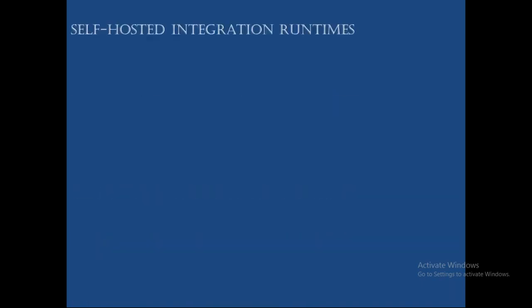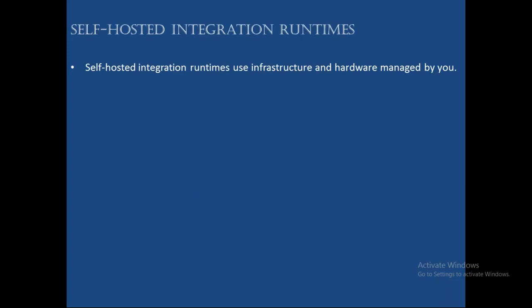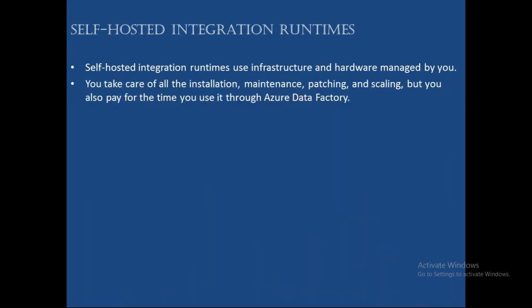Okay. Self-hosted integration runtime. As you know, self-hosted integration runtime uses infrastructure and hardware managed by you. You are going to manage infrastructure and hardware, and installation, maintenance, patching, scaling, everything you need to take care of, and you need to pay Microsoft for the time that you have used this self-hosted IR with Azure Data Factory.